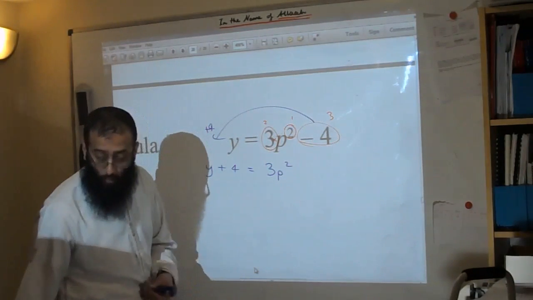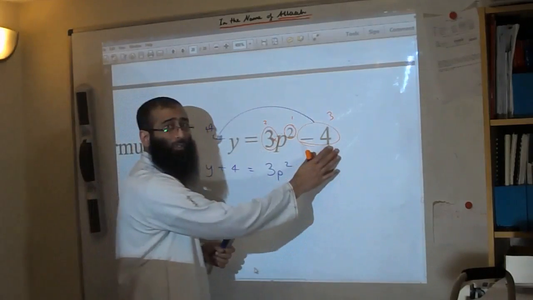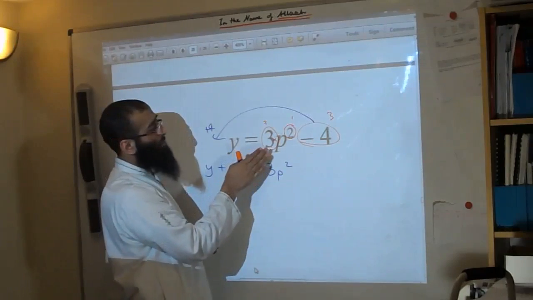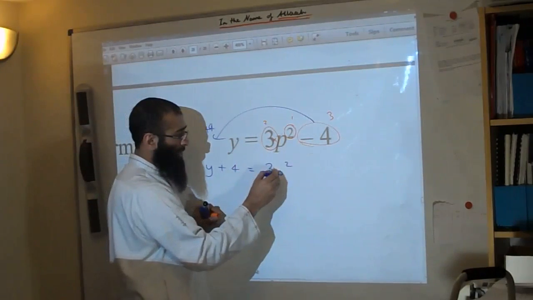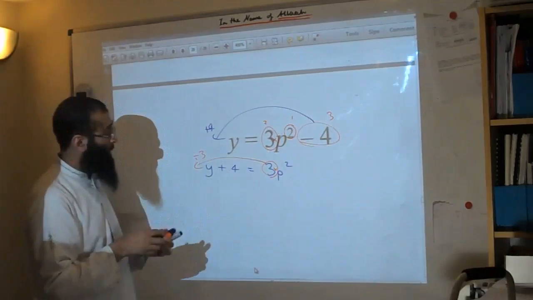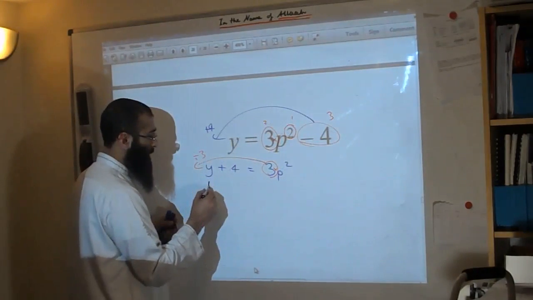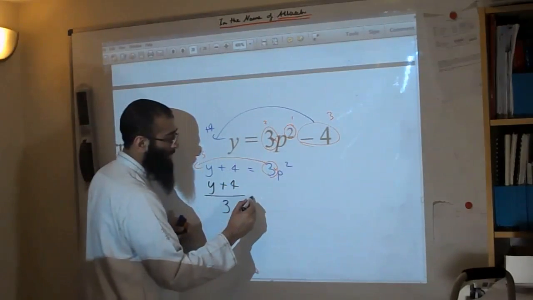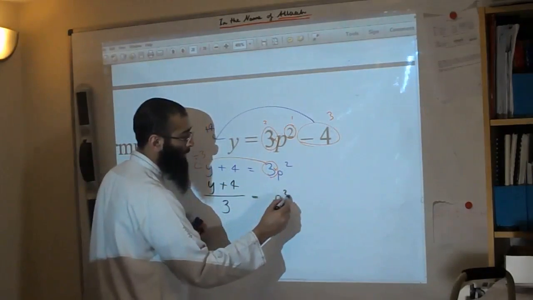Right. So we moved the last action, the third action, first. Now we're going to move the second action, which is times by 3. The opposite of times by 3 is divide by 3. So the next bit is y add 4 divided by 3 is equal to p squared.